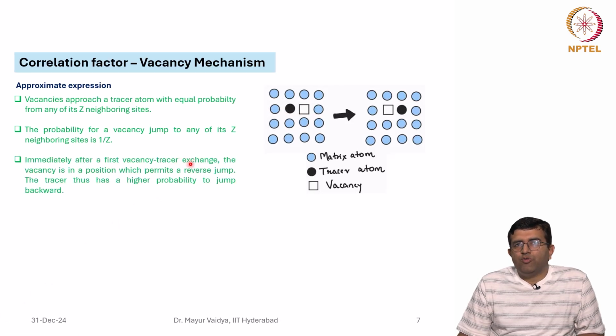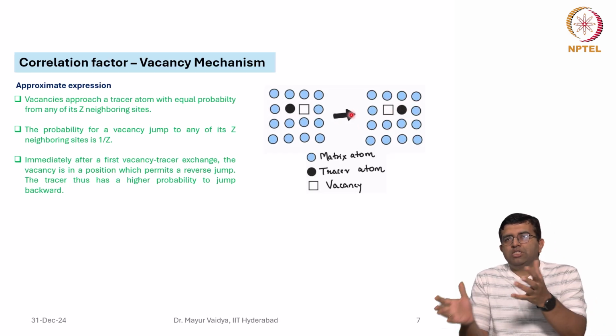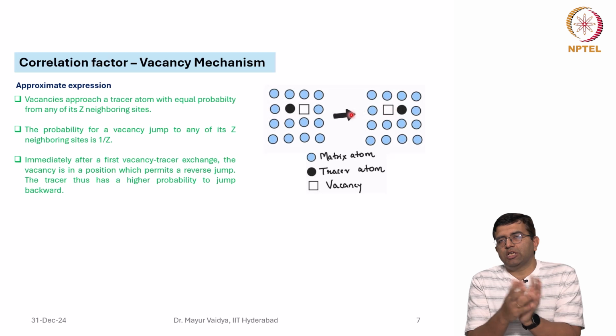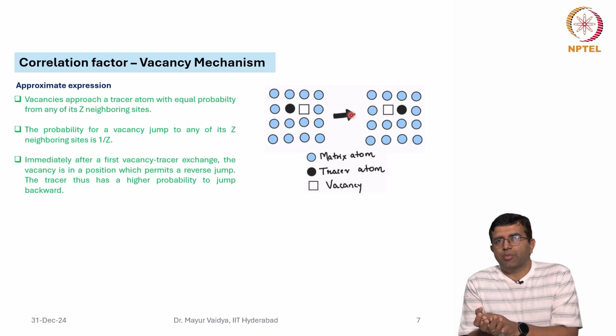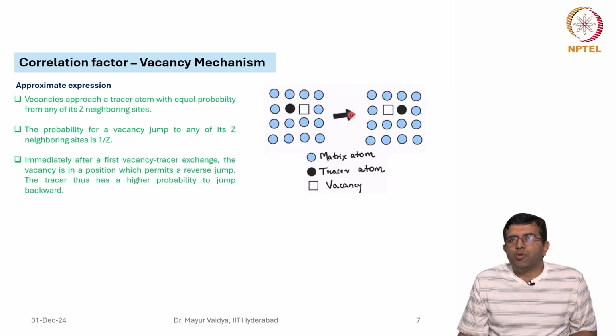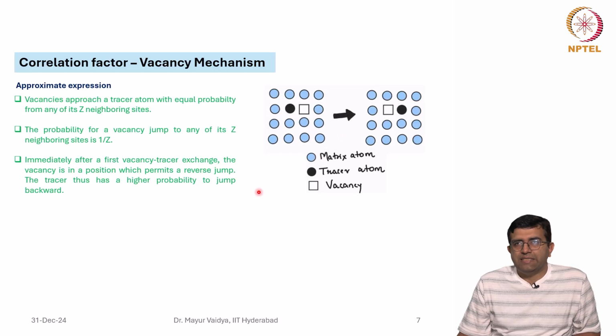Immediately after a first vacancy tracer exchange, that means once this exchange is done, the vacancy is in a position which permits a reverse jump. Once this tracer has gone to this vacancy, it finds a vacancy immediately in the opposite direction of the previous jump, and hence the higher probability of reverse jump exists.